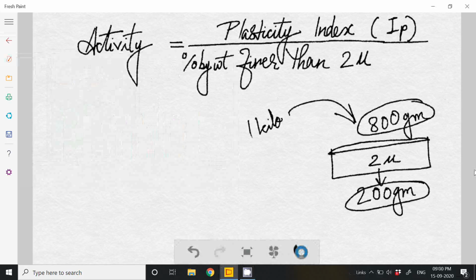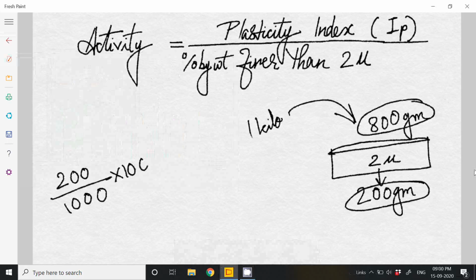What is the percentage? 200 by 1 kilo, means 1000 gram, into 100, which is equal to 20%. So like this.